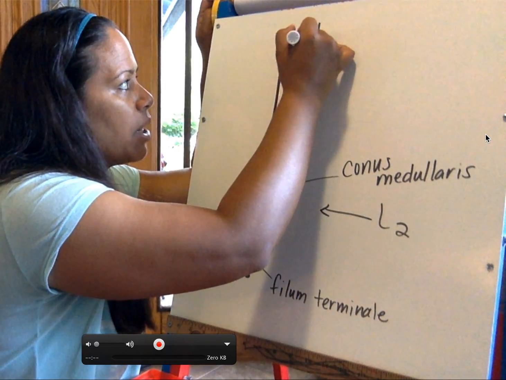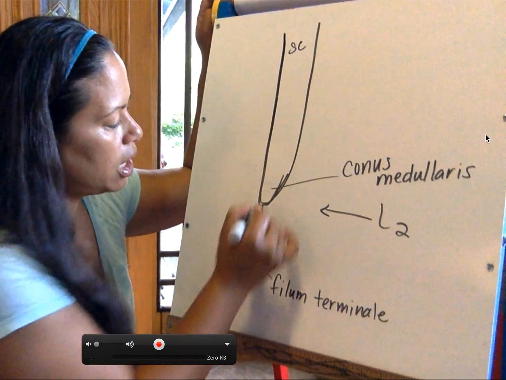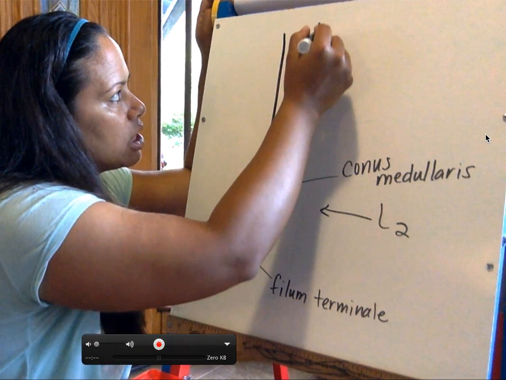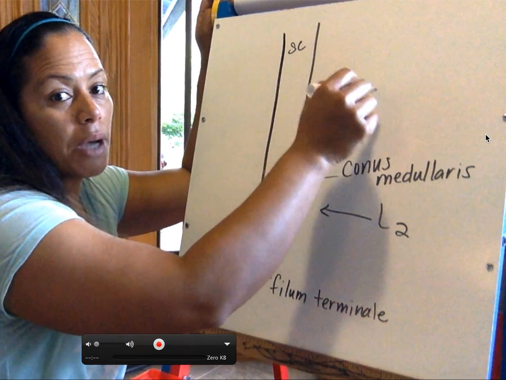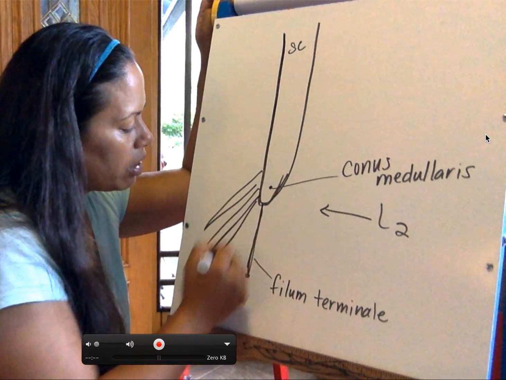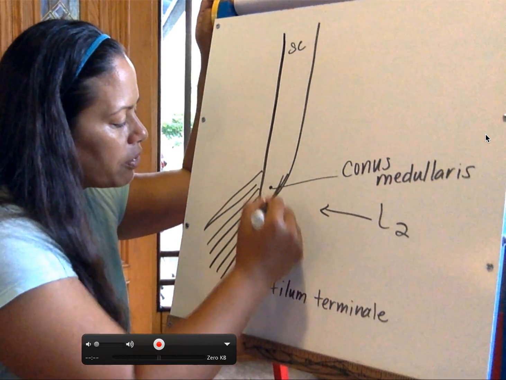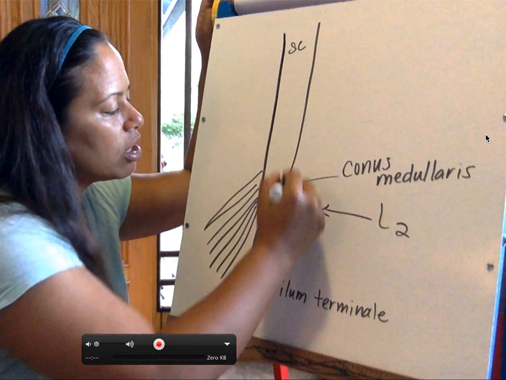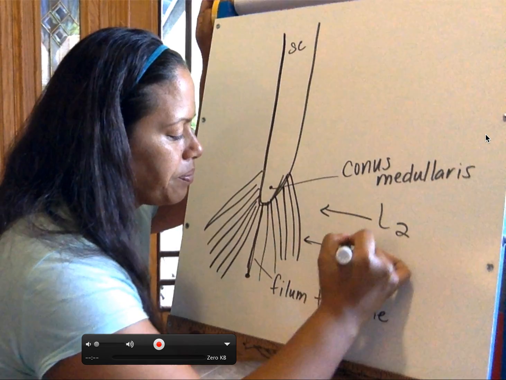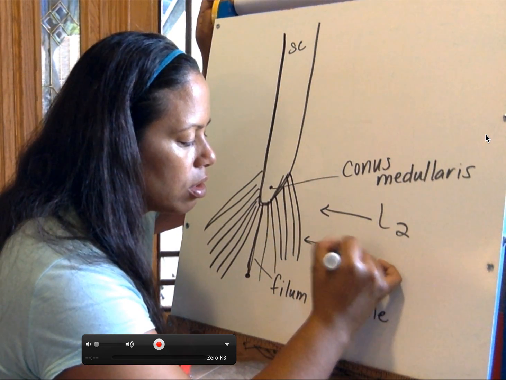So this is the spinal cord, right? This is the conus medullaris. And let's say that there are extensions that typically come off. They're called spinal nerves, right? At the very end, there are spinal nerves that come off that make the end look like a horse's tail. So the word for horse's tail is cauda.